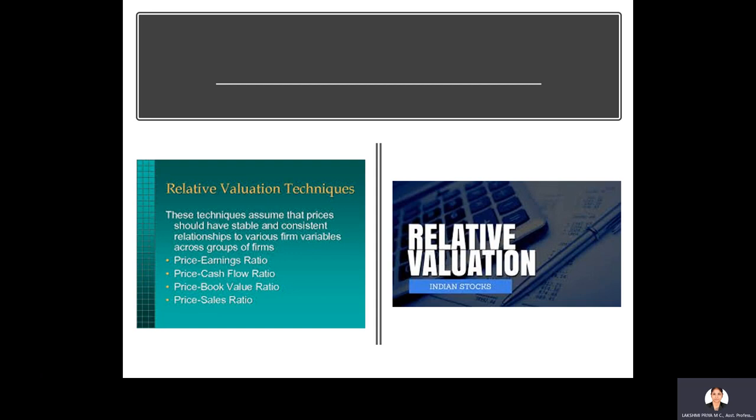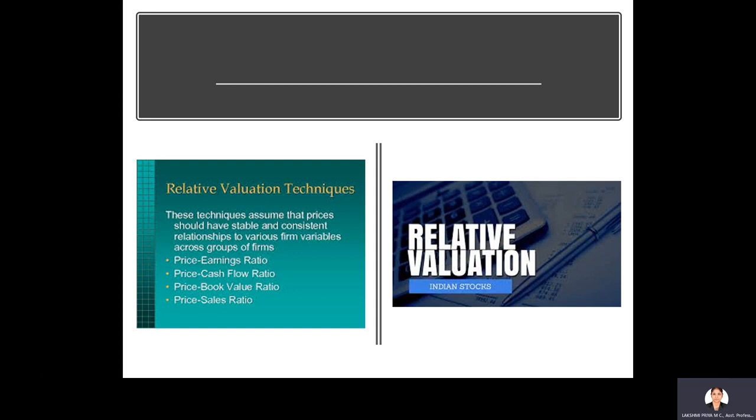For hotels, it is EV to number of rooms. For media, it is EV to number of subscribers. And for telecommunications, it is EV to number of subscribers. And from the fundamental point of view, the general formula for an operational multiple is EV per unit is equal to (ROIC minus G) by ROIC into (WACC minus G) into NOPLAT by number of units.